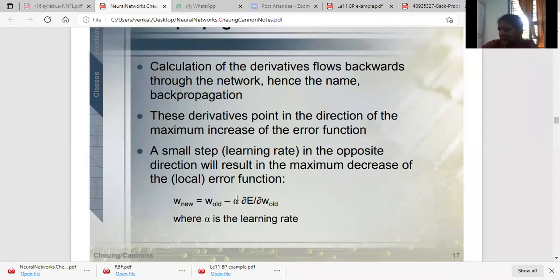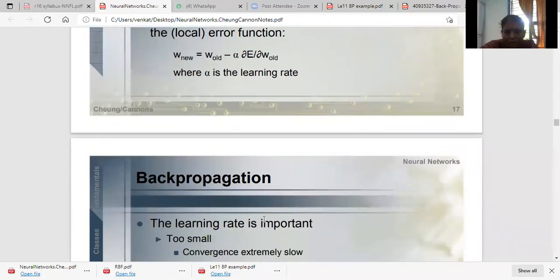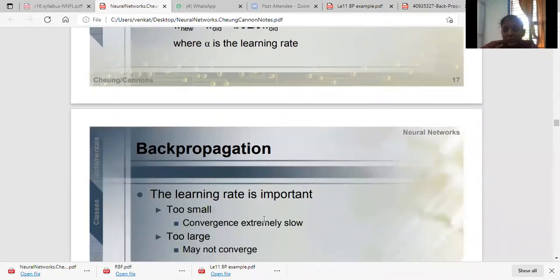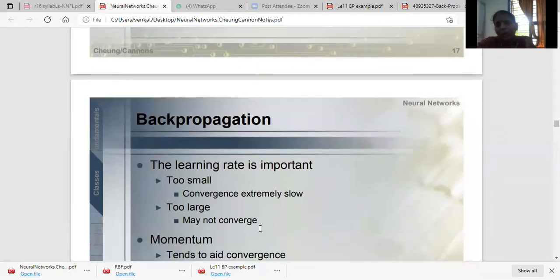The learning rate is very important in your backpropagation algorithm. If the learning rate is too small, the convergence will be extremely slow. If it is too large, it may not converge.